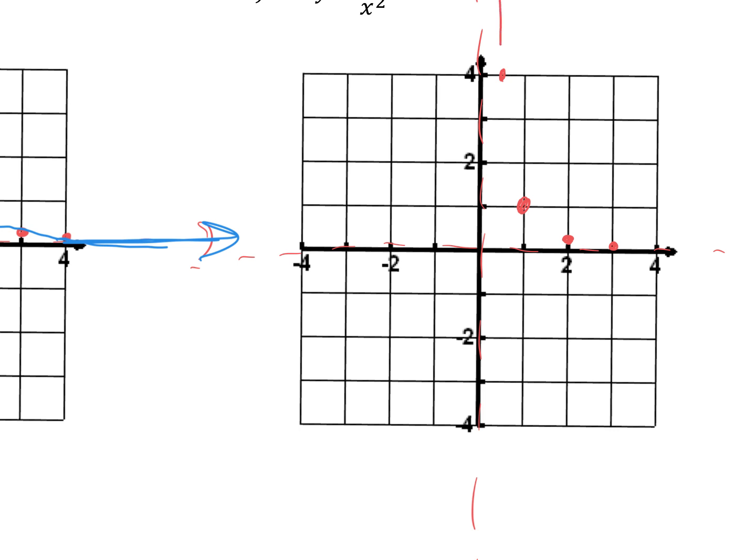This thing is growing and shrinking even faster because we're squaring those values. At -1, I get 1 again. This is just going to be reflected over the y-axis. If I do a -2, we're at 0.25. A -3. If I did a -0.5, I'm at 4. So we're hugging and we are decreasing quickly.